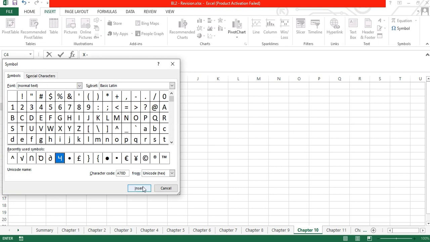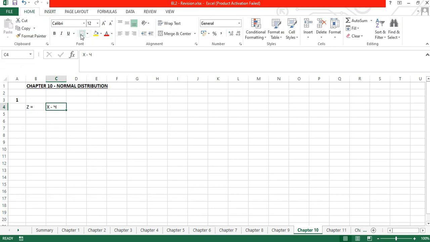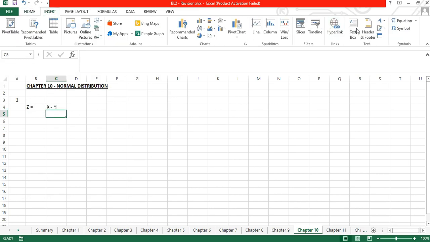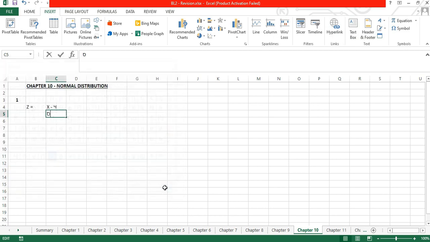Where X is the raw data, mu is the mean, and this symbol is the standard deviation.